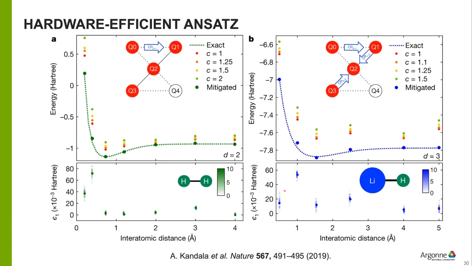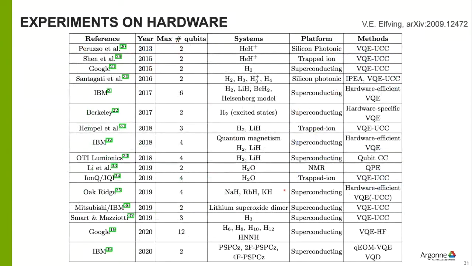But the hardware is improving, and it's important to work on the algorithms for later use. And so here I put a table with the main achievements of running simulations on quantum hardware. So this is the number of qubits for the problem.